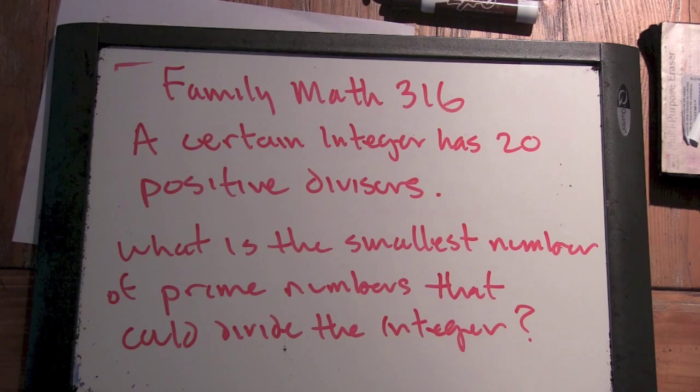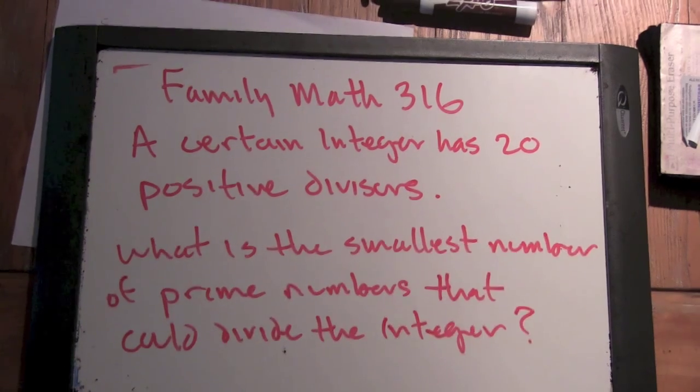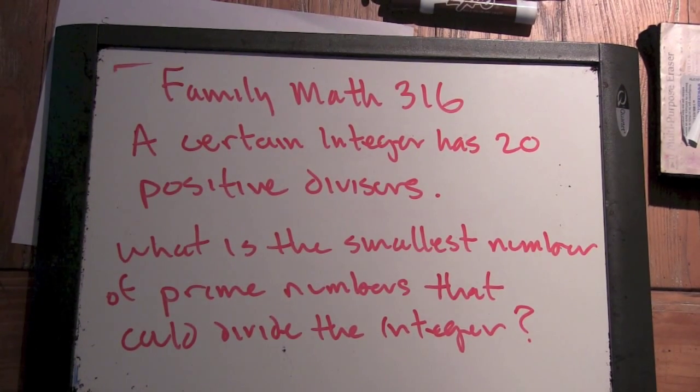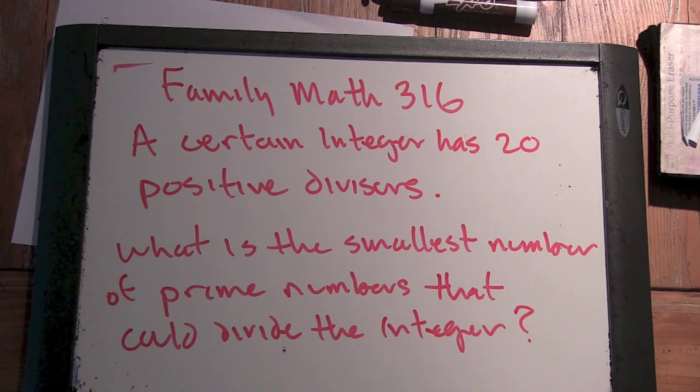Then we want to figure out the smallest number of buckets, really. What's the smallest number of primes that could divide it? Well, right away, we can say we have to have more than one prime, because this isn't a square of a prime.